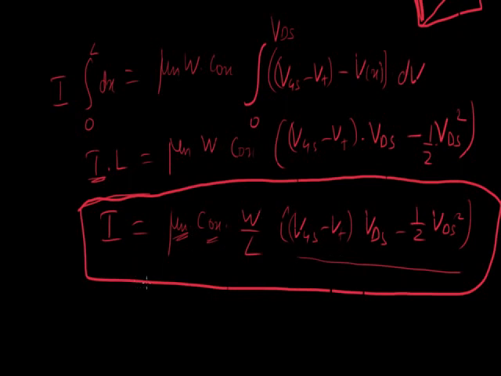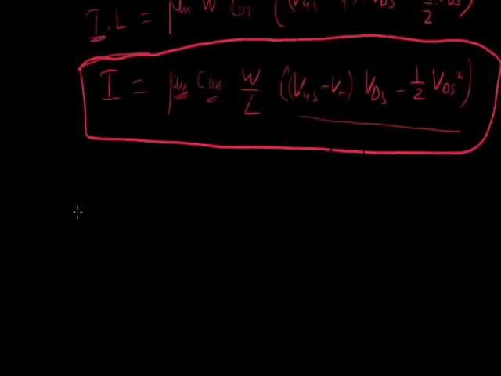Congratulations. Just one more thing we should see before we sign off this lecture. As I told you, the MOSFET has a few regions of operation, saturation, triode, and all that.